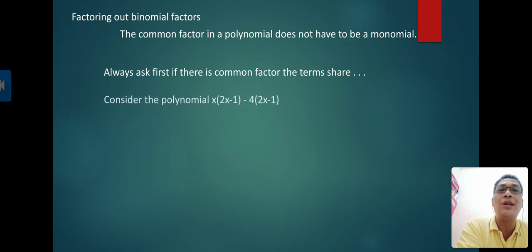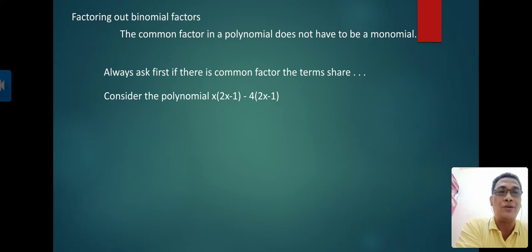Let us consider the polynomial x(2x - 1) - 4(2x - 1). It is quite obvious that 2x - 1 is the common factor of the terms. Hence, that will be your GCF.